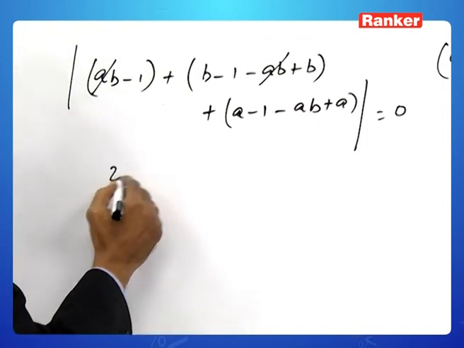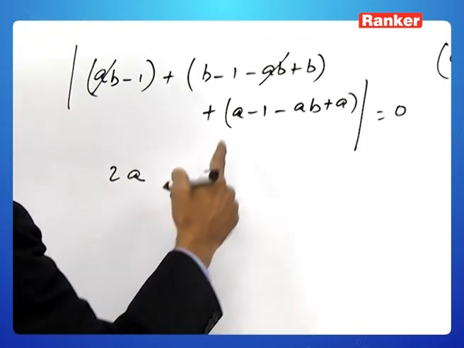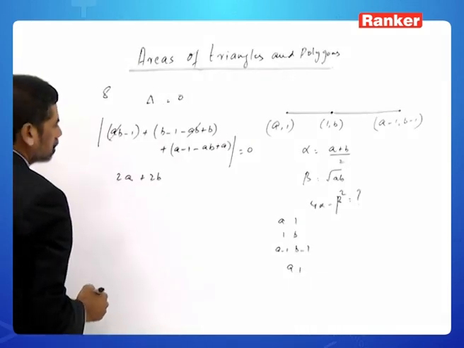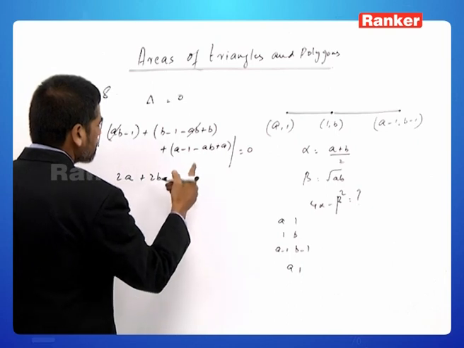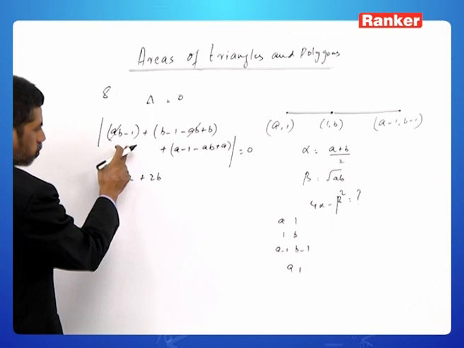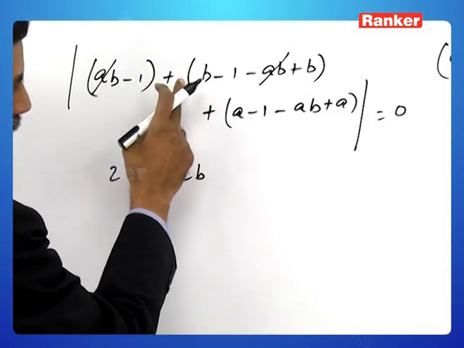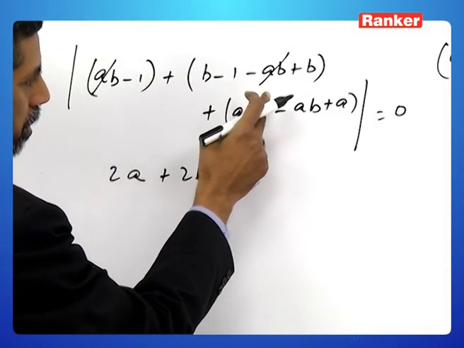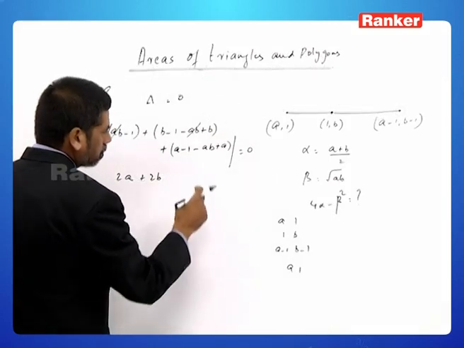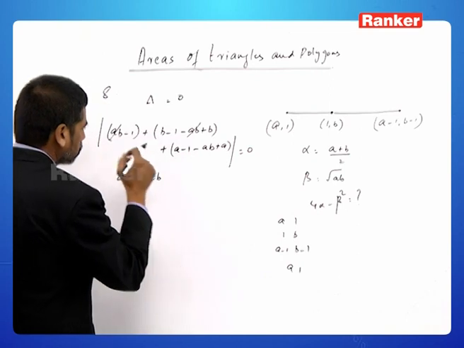So you'll have 2a plus 2b, then ab minus 1, then b minus 1 minus ab plus b, a minus 1 minus ab plus a, and that's equal to 0.